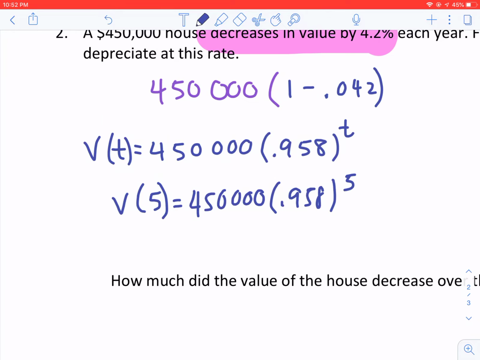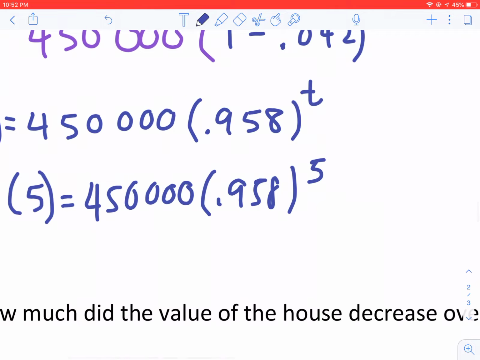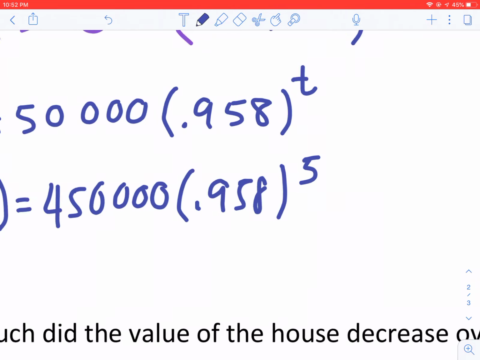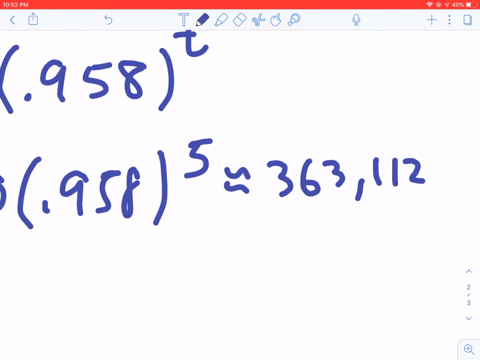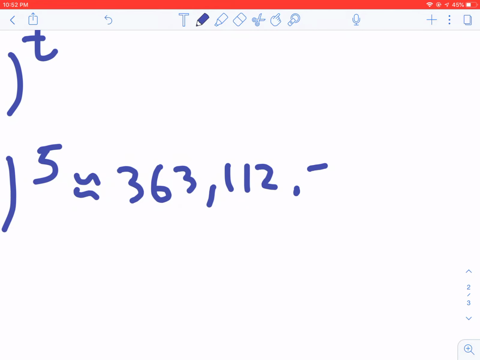And wow, it's a big decrease. That's going to be approximately equal to 363,112. And if we're talking about money, always round to the nearest cent, 0.55.